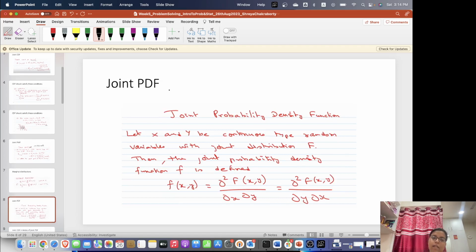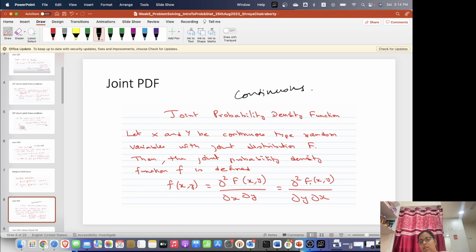Instead of the PMF, which works for a discrete case, for a continuous random variable we can find the joint probability density function by differentiating the joint CDF with respect to x and y. And since this is continuous, the order of differentiation doesn't really matter.